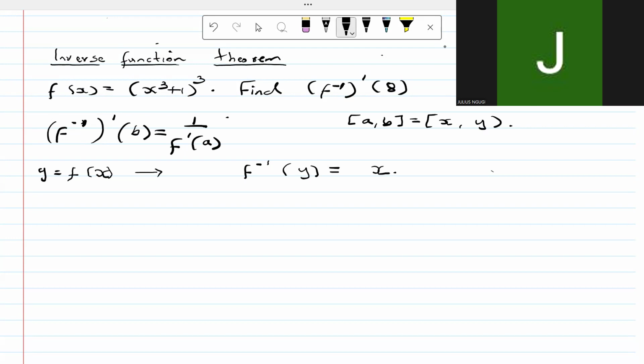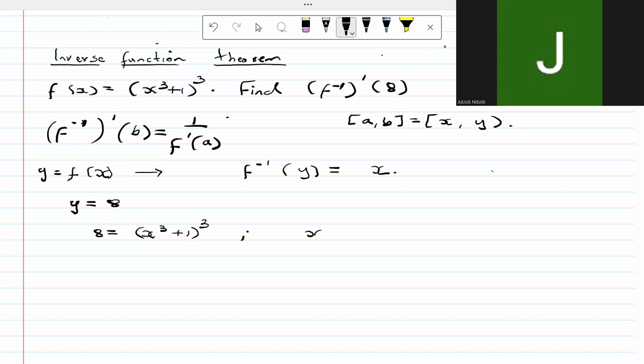So whatever you have here, y is equal to 8. And in the function f of x, that is y, so 8 is equal to (x cubed plus 1) all cubed. So we want to find x.